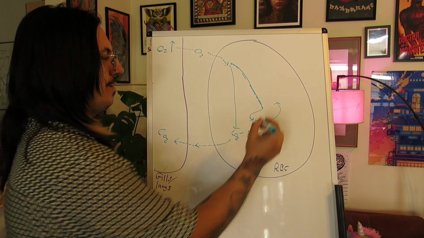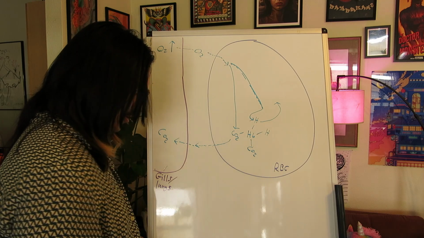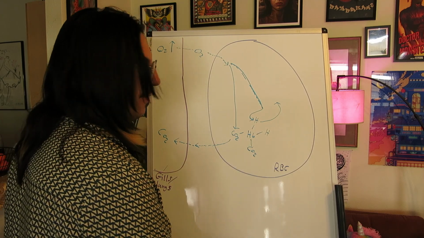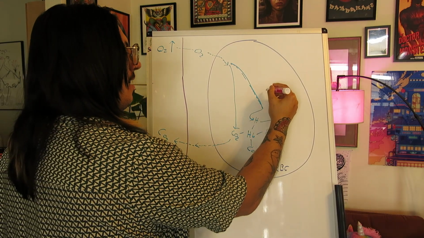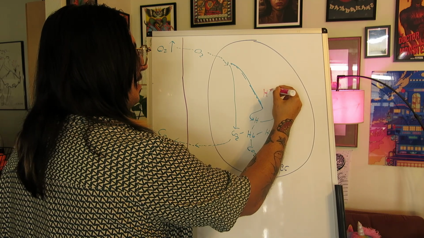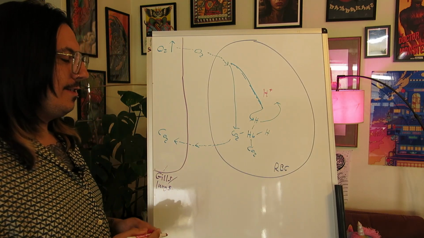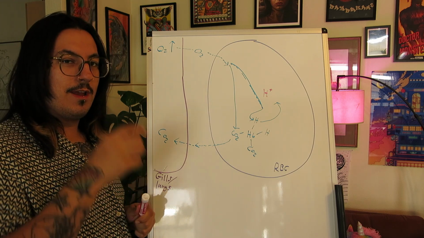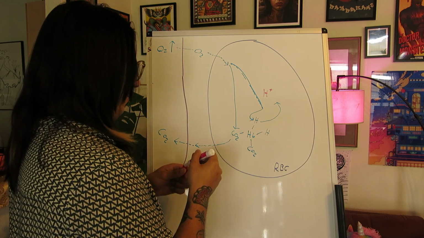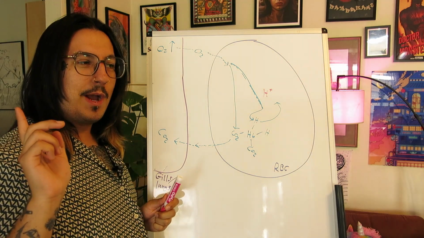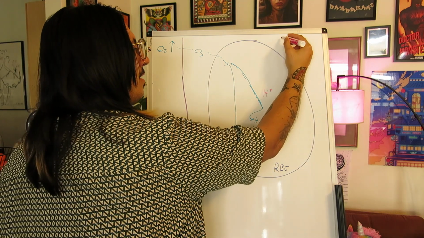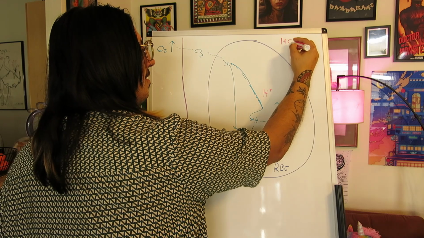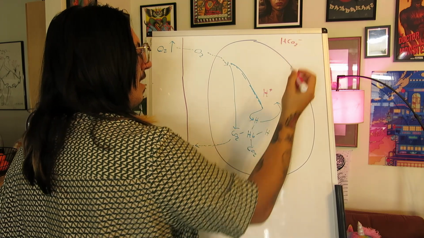I'm going to use a new color, pink. So that positively charged H ion is just going to be floating around. And our good old friend, that bicarbonate we kicked off, is still around.